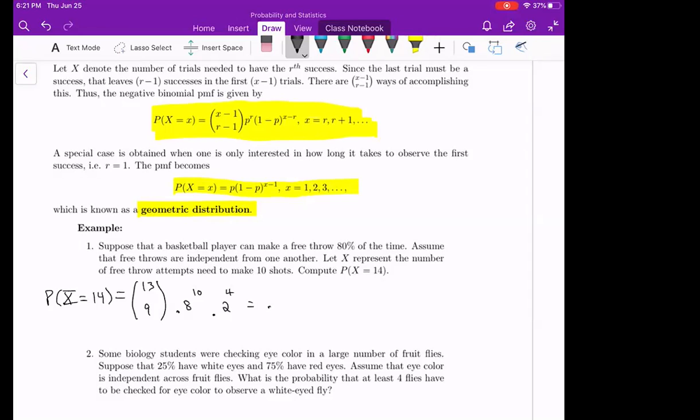And I got 0.1228. So there's about a 12.3% chance that we will have to wait 14 shots to see the 10th success.